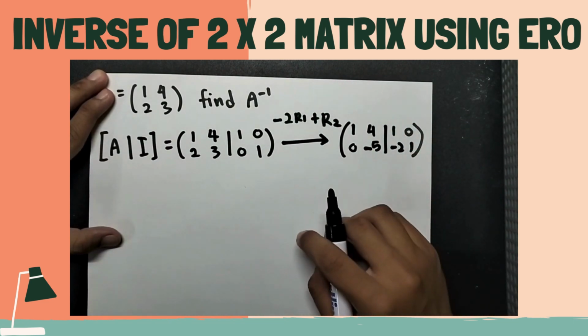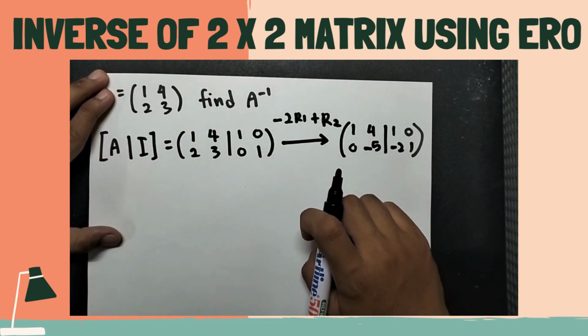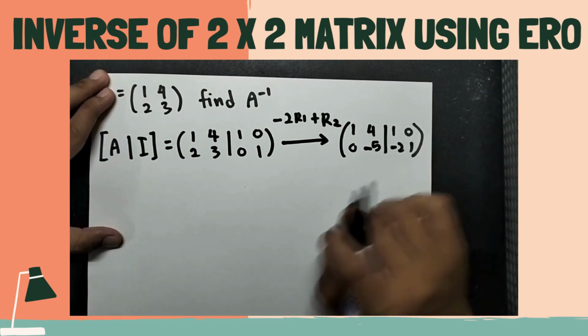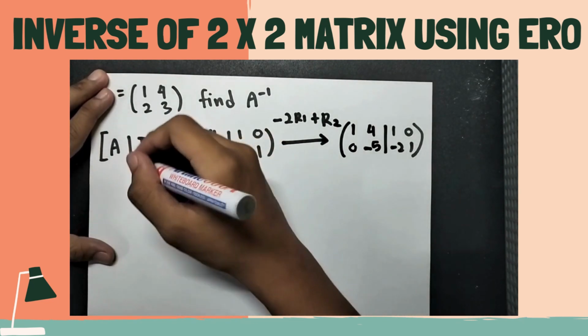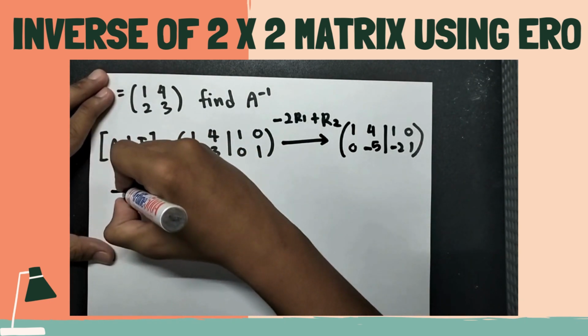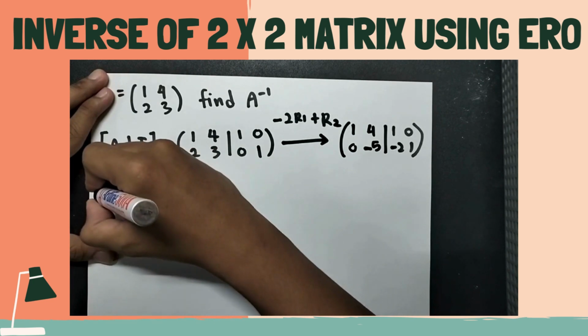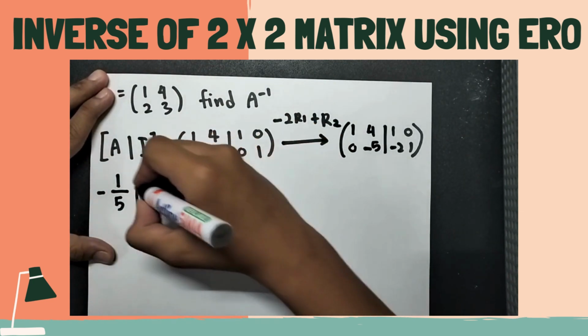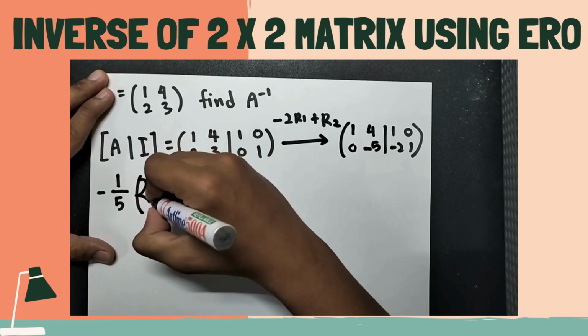Okay, so the second step is we need to make this negative 5 into 1. So in order to obtain 1, we can multiply by 1 over 5 with negative R2.